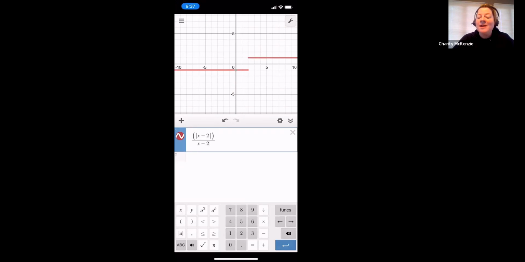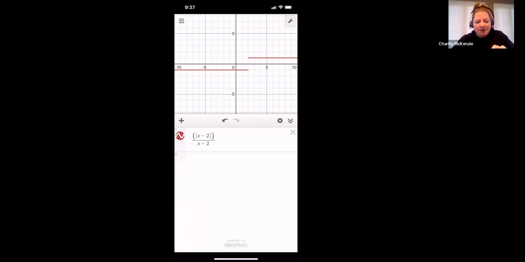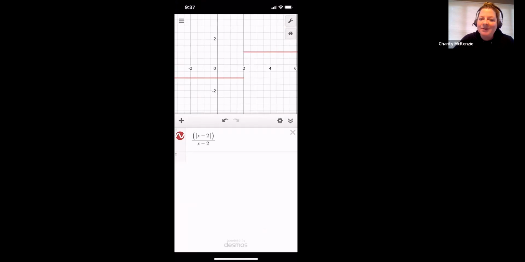So there you go, there's the graph, and that's why it doesn't have a limit at that spot, at 2, because it's coming in on one side negative and the other side positive. So you can see it from the graph, but do it on paper as well.